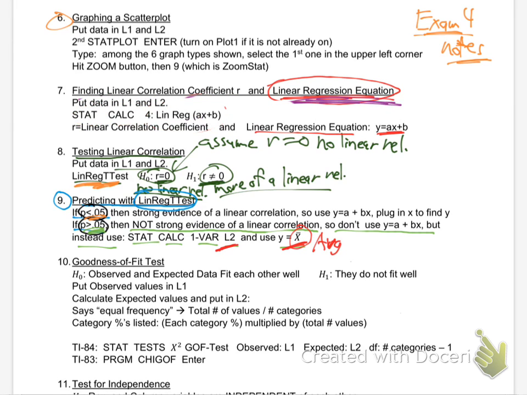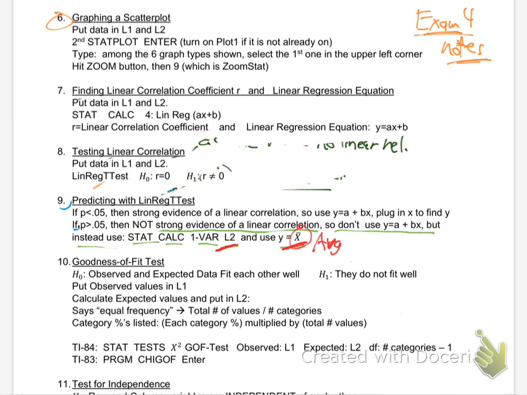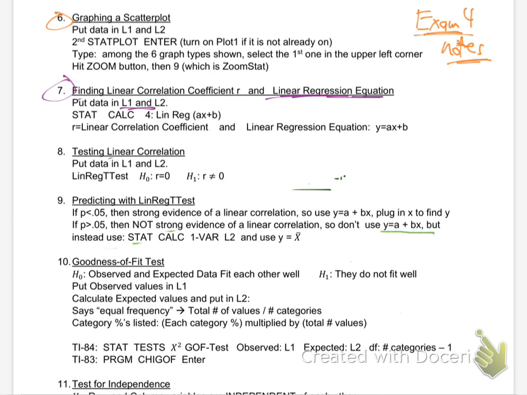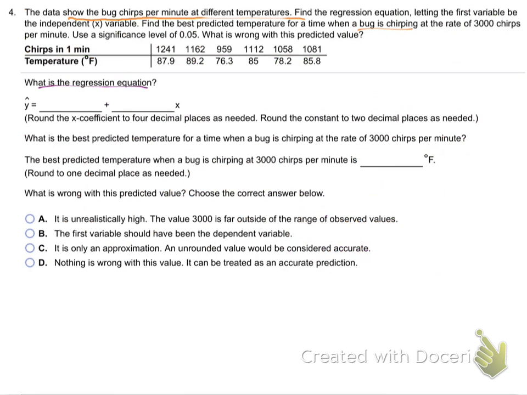Well, this is kind of messy here. So let me get rid of all these marks I've been doing. Coming back here, this is number 7. Find a linear regression equation. Put the data in L1, L2, stat, calc 4. So let's do it.